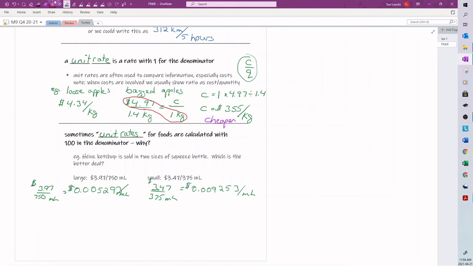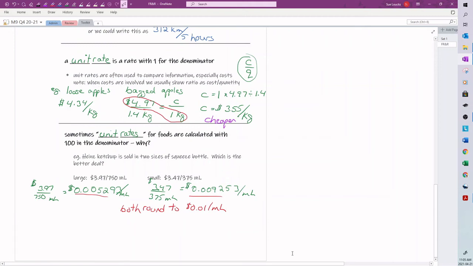So if I look at these two numbers, they both round to 1 cent or $0.01 per milliliter. They both round to the same number of pennies per milliliter.